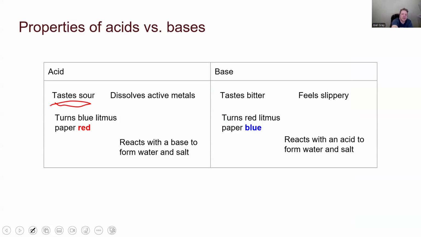Now, acids can dissolve active metals. Now, this is a certain kind of designation. Does it dissolve all metals? No, it doesn't. There are some metals that are resistant to exposure to acid, and those are not going to break down.